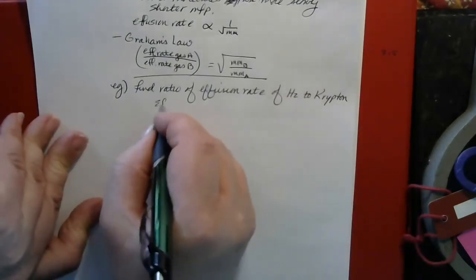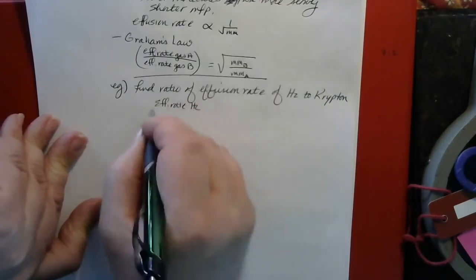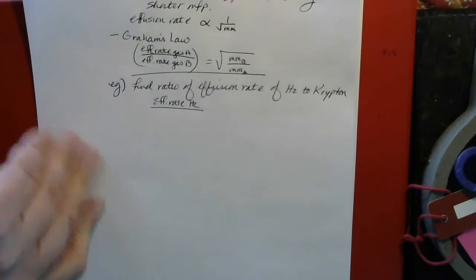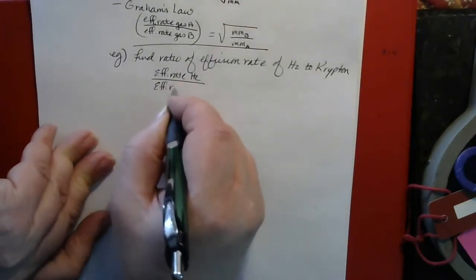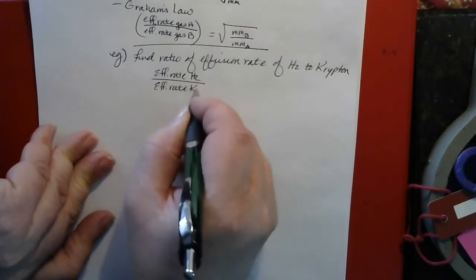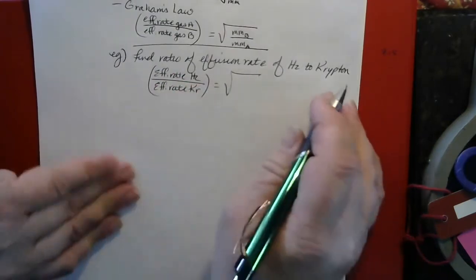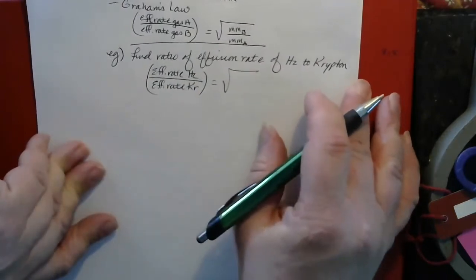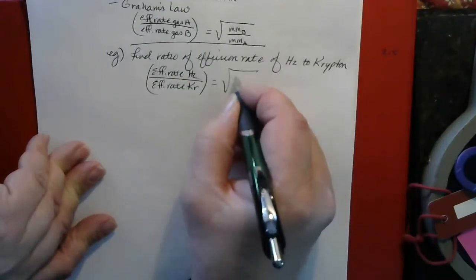So if we want to take the ratio of the effusion rate of hydrogen to the effusion rate of krypton, that's just going to be the square root of the molar mass of krypton over the molar mass of hydrogen.